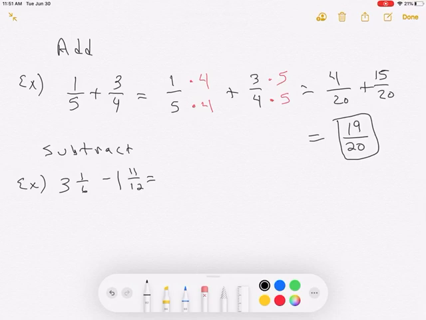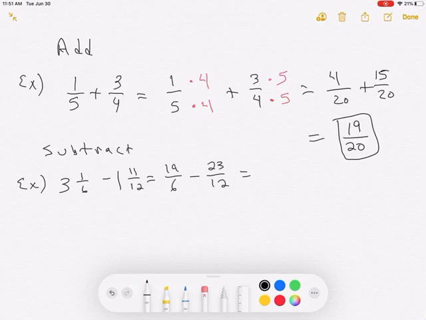First, change it to improper, right? So 3 times 6 plus 1. 3 times 6 is 18, plus 1 gives us 19/6. 1 times 12 is 12, plus 11 gives us 23/12. So as you guys can see, we don't have the same denominator.